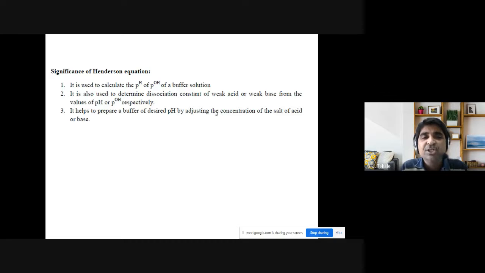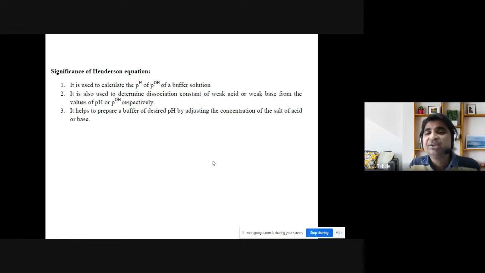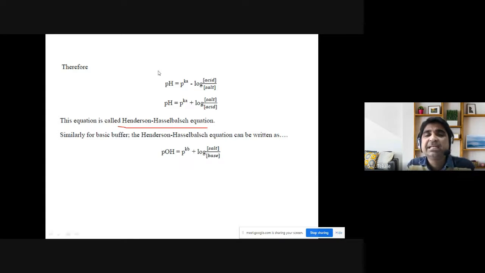by adjusting this ratio, that is the concentration of salt and the concentration of weak acid. So these three applications can be remembered, can be understood if we look at this equation.